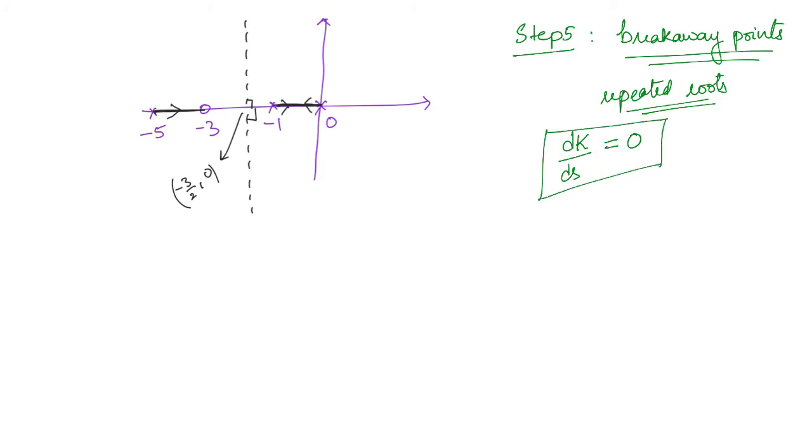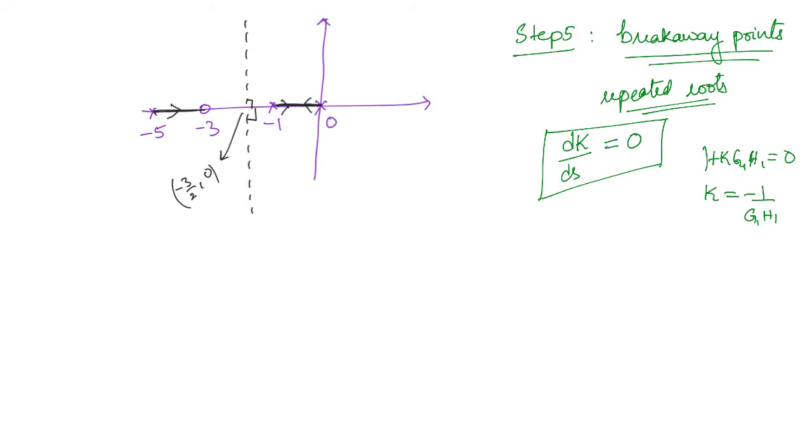So what is k here? Do not consider that it is a constant. We are constructing the root locus for different values of k, right? So we can differentiate k with respect to s. How do we do that? We know that 1 plus k g1(s) h1(s) is equal to 0. So k is equal to minus 1 by g1 h1.